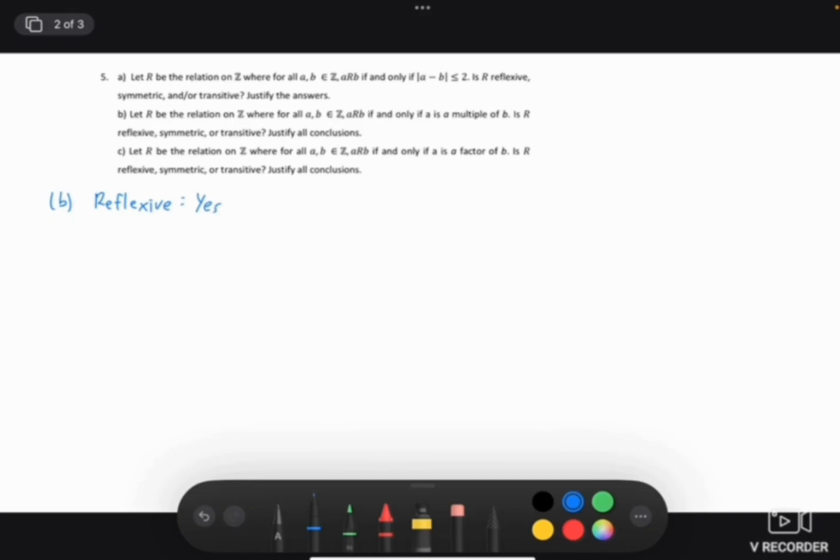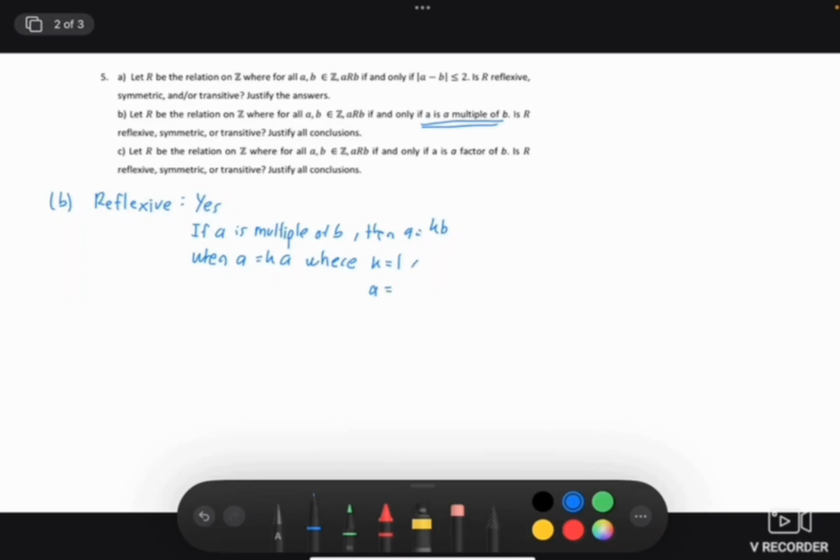We can prove it by showing that it satisfies the condition where A is a multiple of B. If A is a multiple of B, then A is equal to a constant times B. So let's assume A is equal to a constant multiplied by A, where the constant is equal to 1.